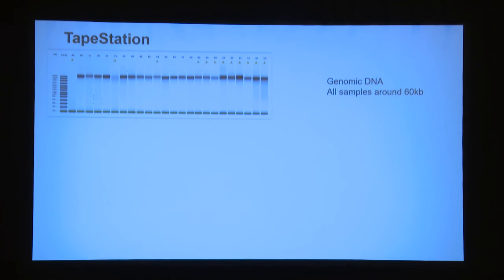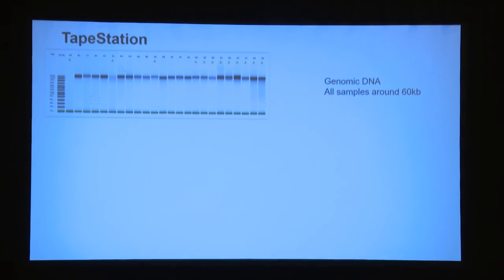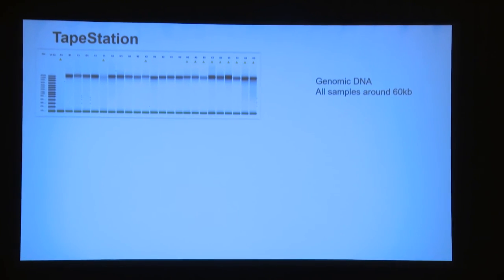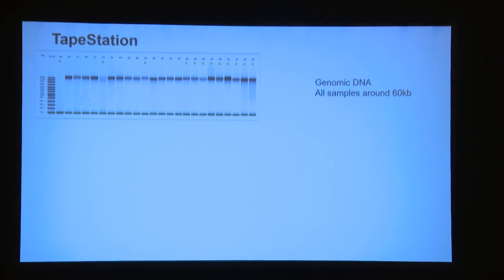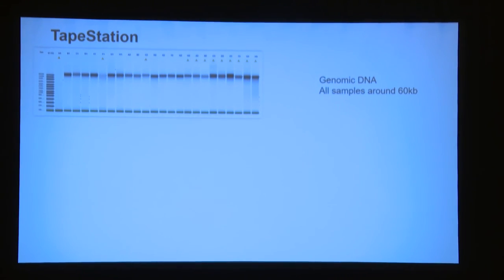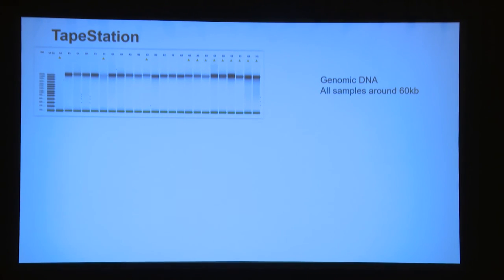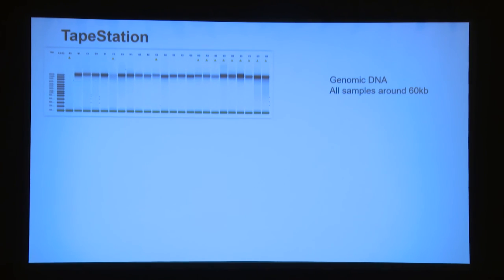Usually a good genomic DNA would have a big chunk of DNA at a very high molecular weight, above 60 kb. In the last 2 samples there is a bit of smear because there is some degradation, but still most of the samples are above 60.